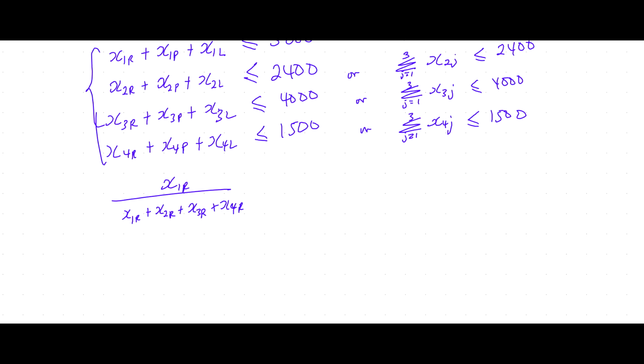Not less than 40% means that 40% is the minimum. So it means that it should be greater than or equal to 40%, which is 0.40. So if you are to expand this, then you are going to get these constraints.